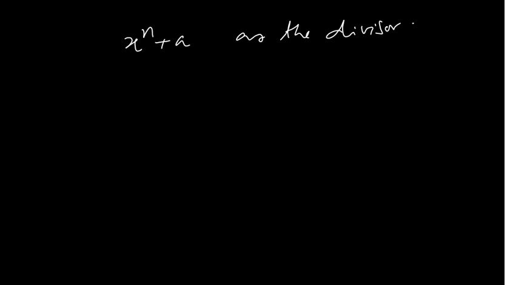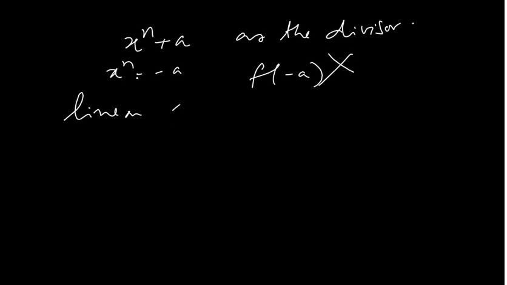That means you can't say x to the power of n equals minus a and substitute f of minus a. No, we don't do that. Only for the linear factor we do that. Linear factor means the degree of x is 1.